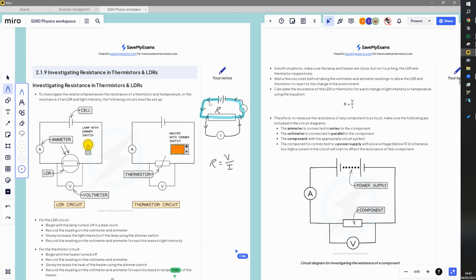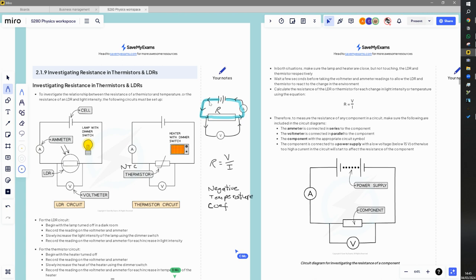Now, generally speaking, you will have a negative temperature coefficient thermistor. That is otherwise just called an NTC. So that stands for negative temperature coefficient.